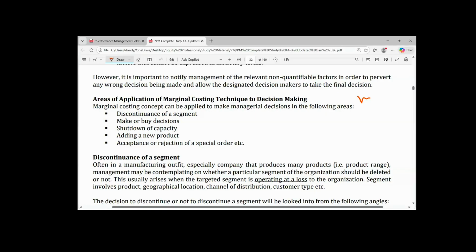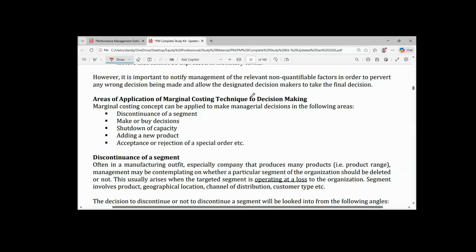Now, this is a very important area of marginal costing technique. The examiner can ask you, what are the areas in which marginal costing can support decision making?